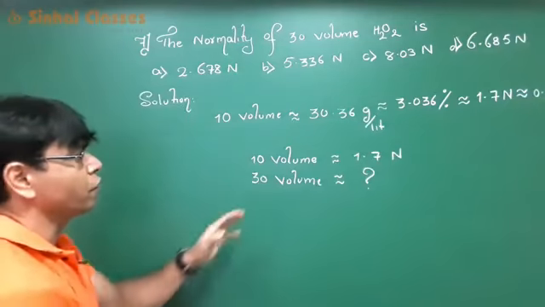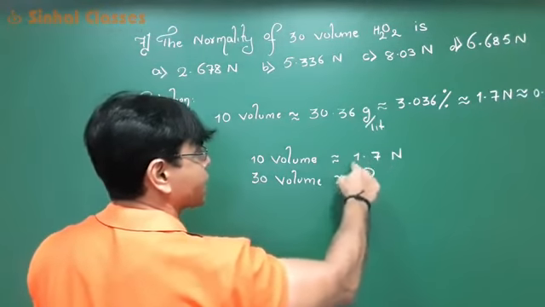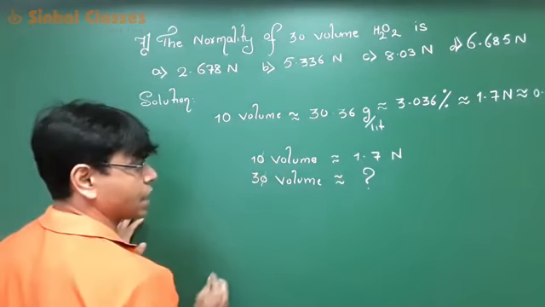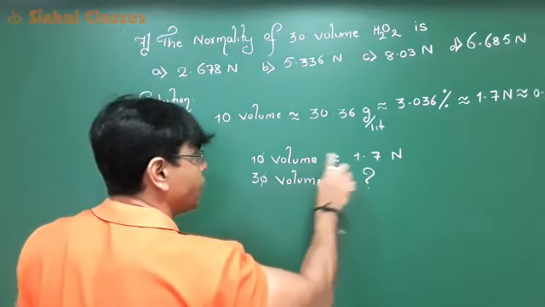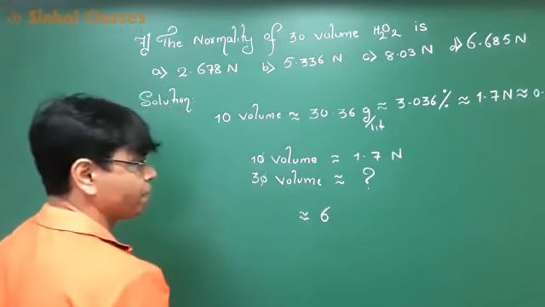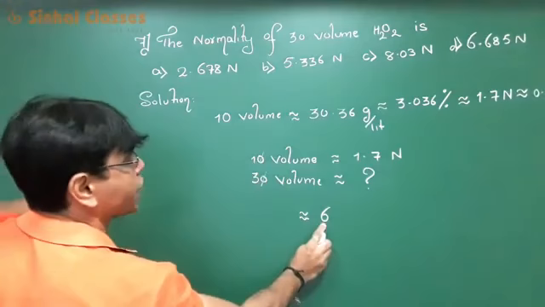So now instead of multiplying it, directly round it up and take 1.7 as 2. The 0s get cancelled, so it is 3 into 2, and your answer comes roughly near 6. Look at the options: which option is coming closer to 6?